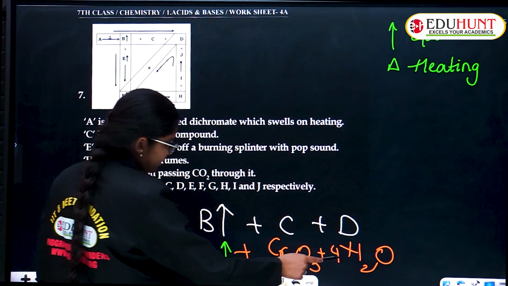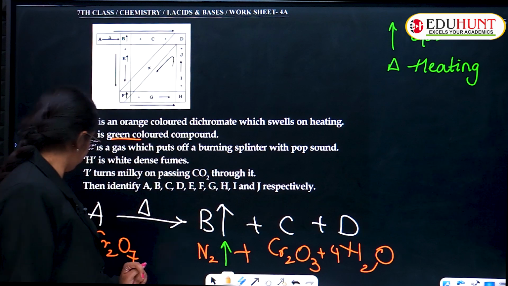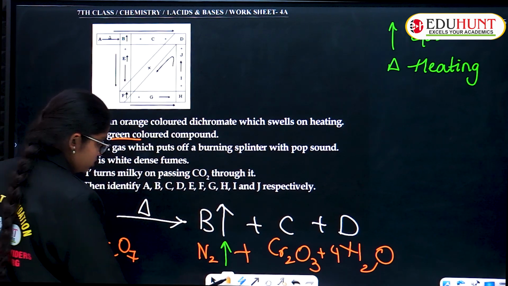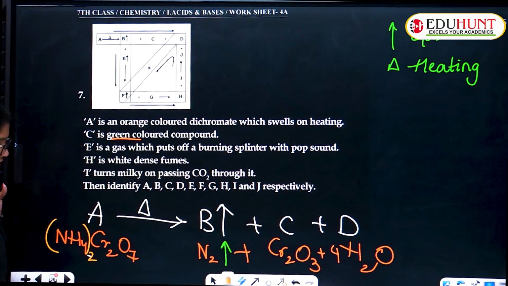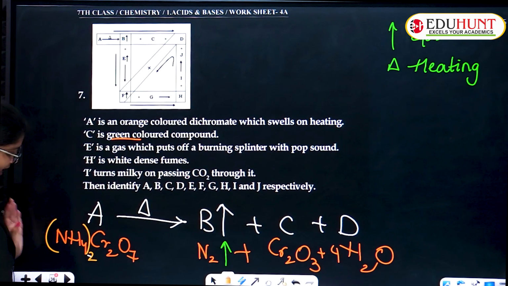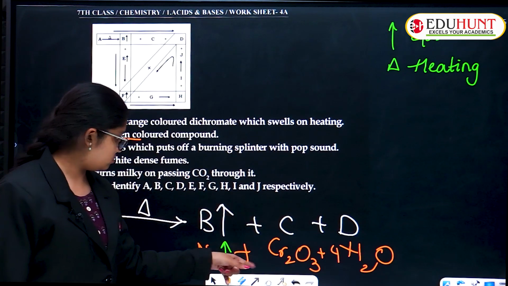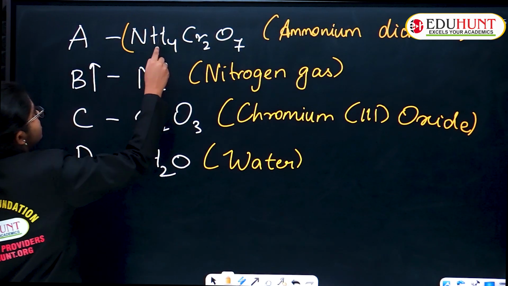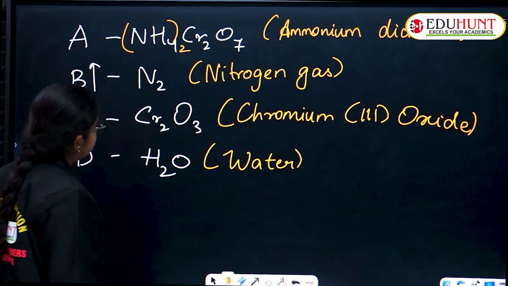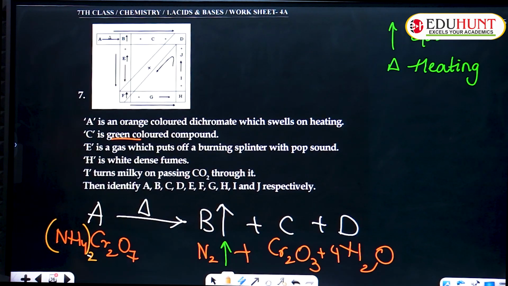Hydrogen 2 and 4, 8, no? Oh, I missed writing 2 here. Just a second, I'll write it. NH4 twice, Cr2O7. So it is balanced, no? N2, Cr2O7, everything is balanced. This is all about ABCD in the first equation.